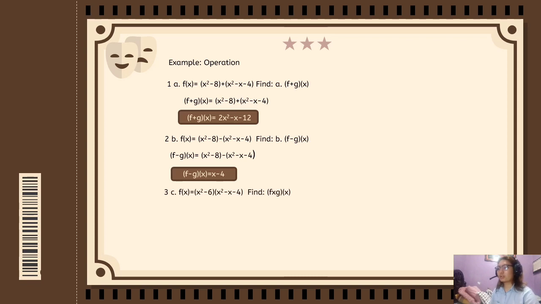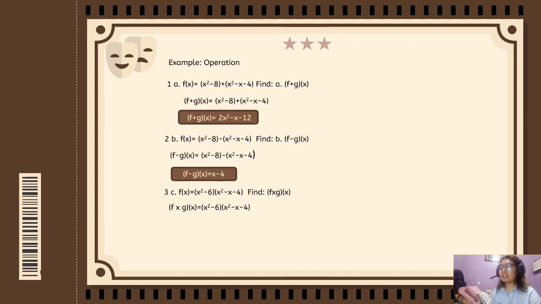Let's move to the next question. Ito, multiplication naman, ganun lang din. F of x is equal to x squared minus 6 naman to. G of x is x squared minus x minus 4. Ito na. Let's move.